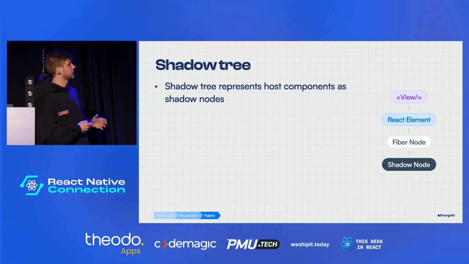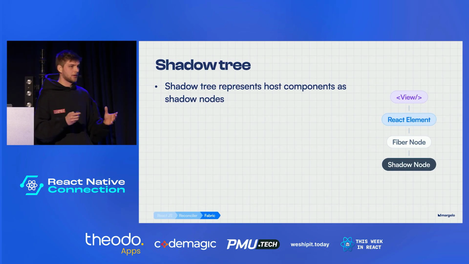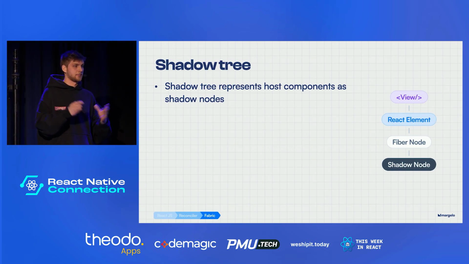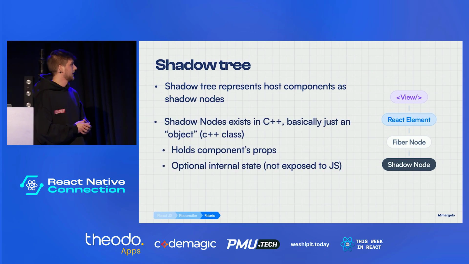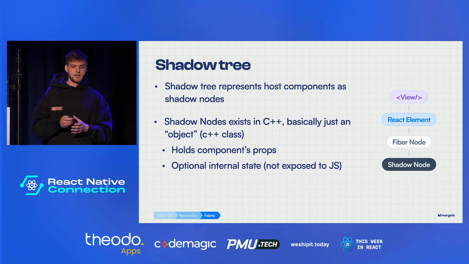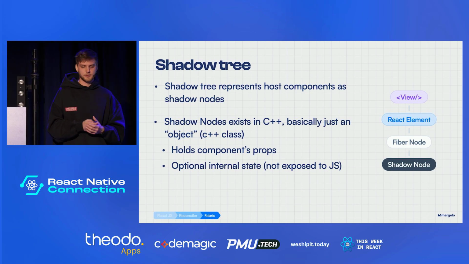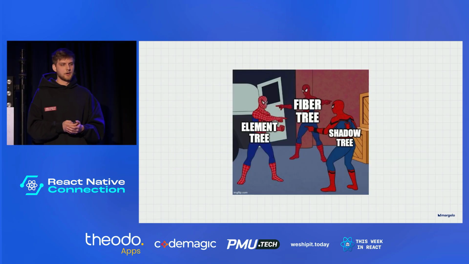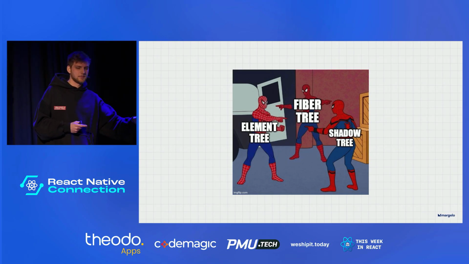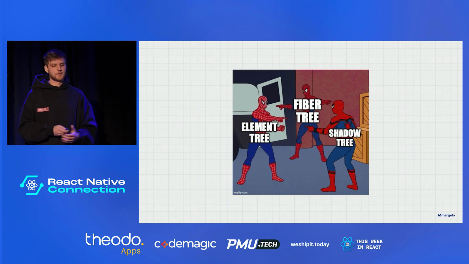And it's creating shadow nodes for that. And the shadow tree is basically just the representation of all those shadow nodes. They exist only in C++, and they hold our components props and some internal C++ state that we can manage to have a different update flow, which we will come to in a moment. Now at this point, okay, we have the element tree, and we have the shadow tree, and we have the fiber tree, and it's kind of all representing the same stuff, but in different layers of the architecture.